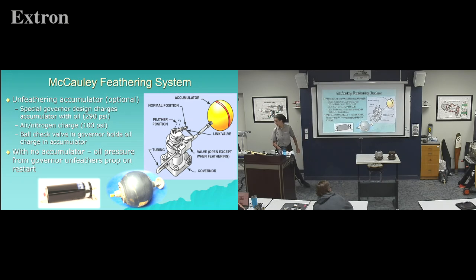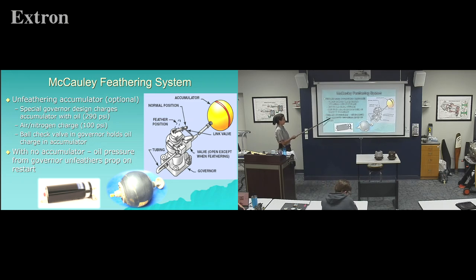So the next slide has some better diagrams. Charge this with oil. On the other side is a nitrogen charge, about 100 psi. And then there'll be a ball check valve to hold that oil in there. And then when the pilot wants to unfeather, it releases that oil to bring that blade to low blade angle.